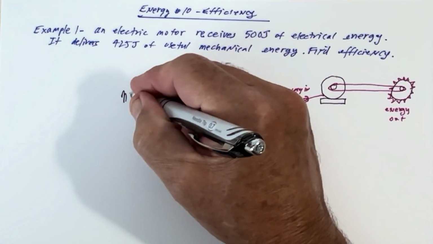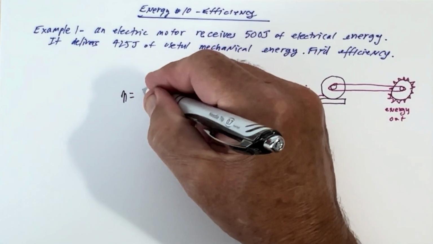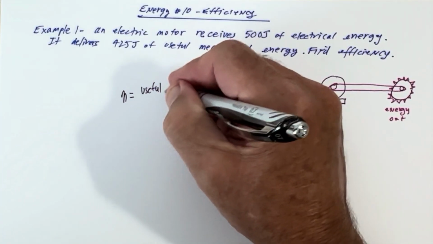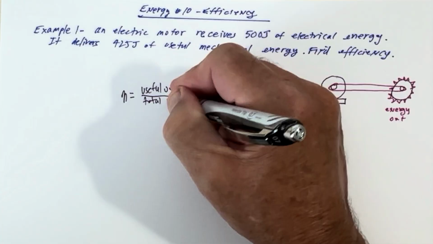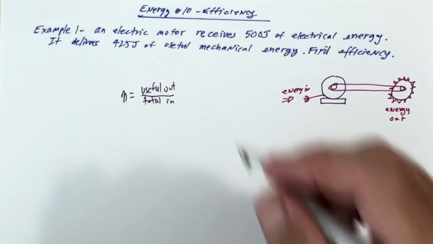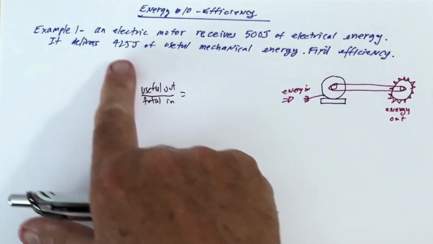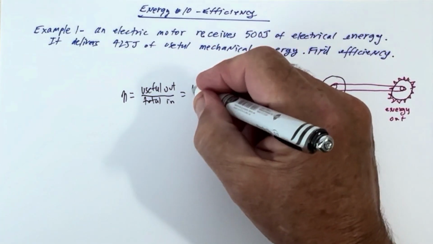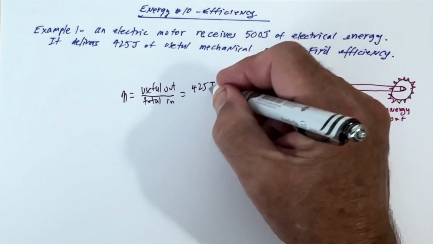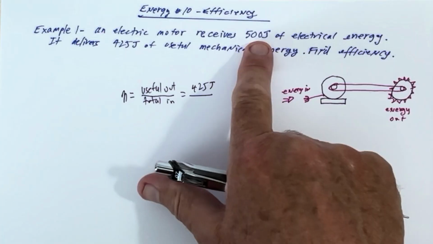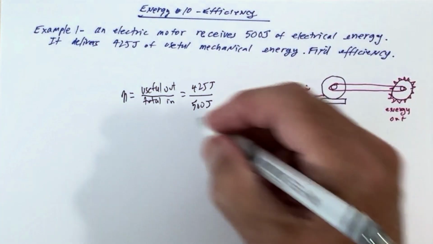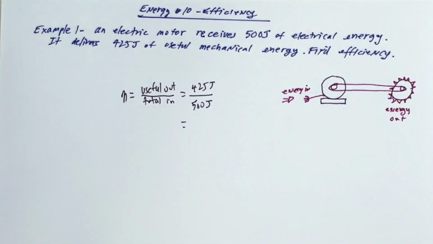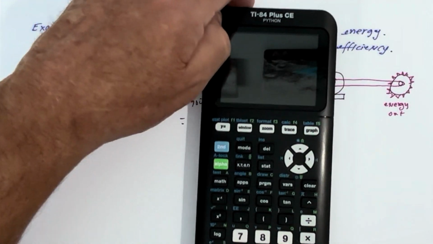So the efficiency, eta, is equal to useful out by total in, power or energy. The useful out, we're told here, is 425 joules. And the total energy in is 500 joules. So we take the ratio of that. Let's get our calculator out.